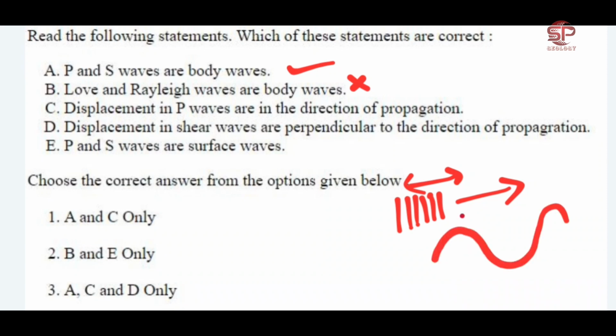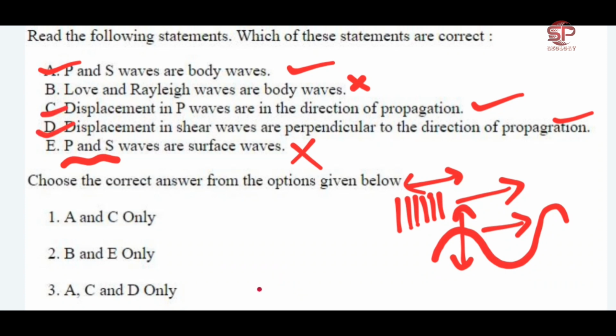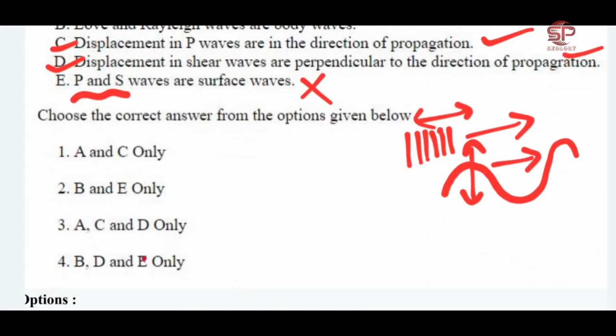Displacement of shear waves is like this, and the propagation is like this. So it is correct. Then P and S waves are surface waves, it is incorrect. The answer will be A, C, D. So it will be 3.